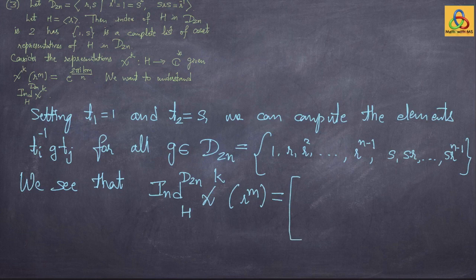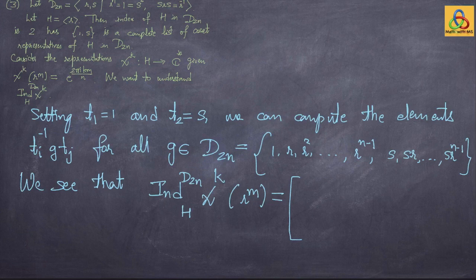So what has to be the degree of this representation? The degree has to be the degree of the original representation times the index, and the index of H in D2n is 2, so it is a degree 2 representation. So you should get a 2 by 2 block matrix where each block is of size 1, which is the degree of the original representation.